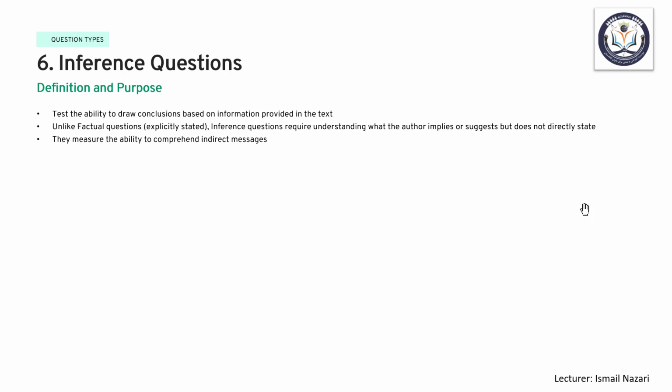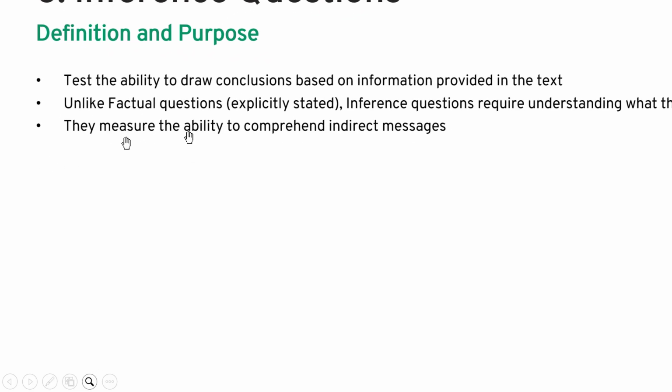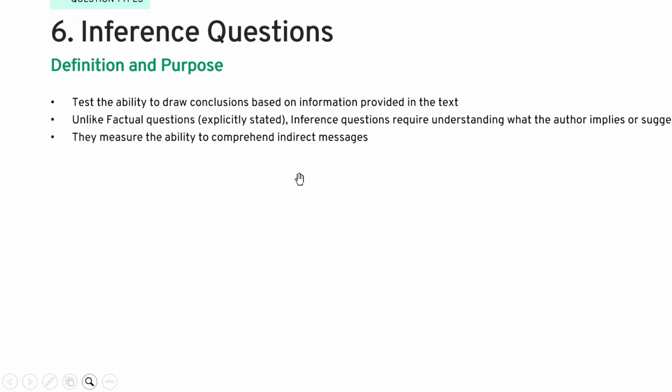It asks us to find that information which is indirectly stated, and we need to choose the answer choice which has that indirect conclusion. So it measures our ability to comprehend indirect messages. That's the purpose of the inference question.